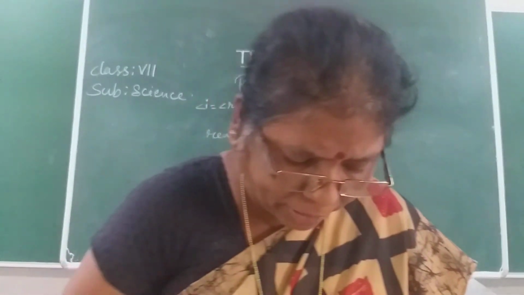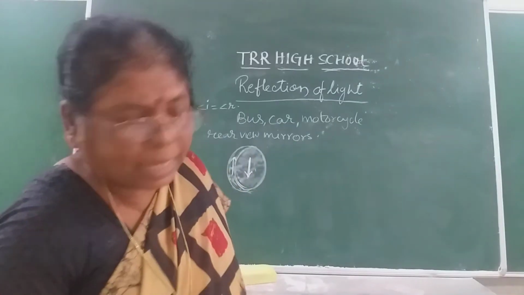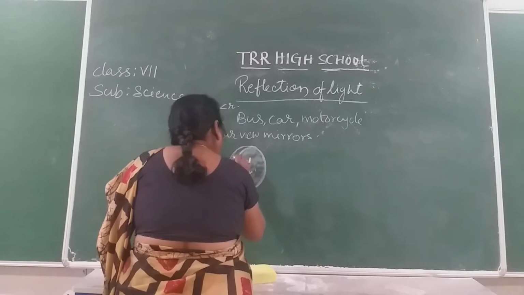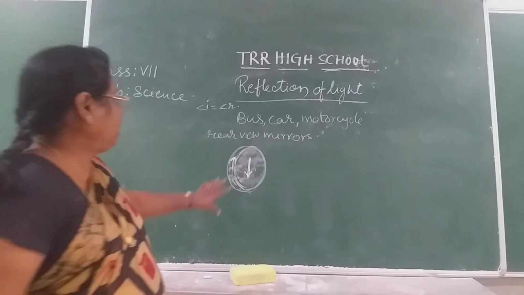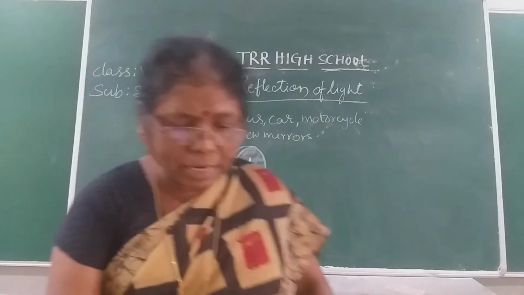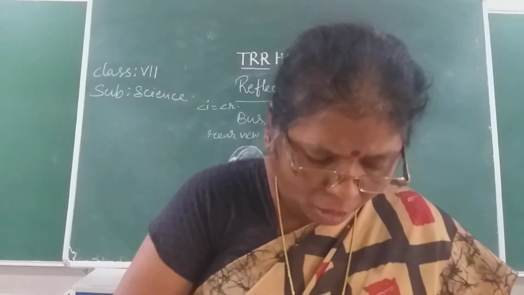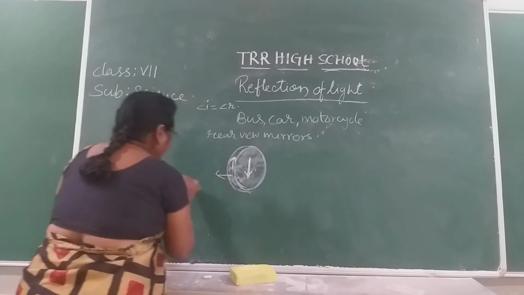And when you look at the outer portion of the spoon, you find a small size image. The image will be small. Now here, so what are these mirrors? It acts as a mirror only. Here, the outer portion of the spoon acts as a convex mirror.